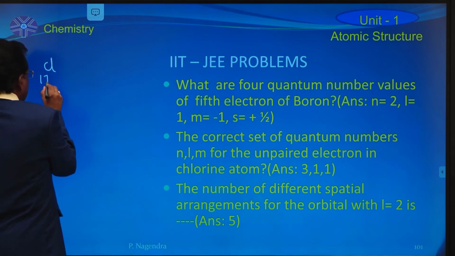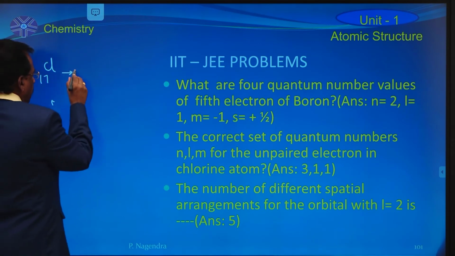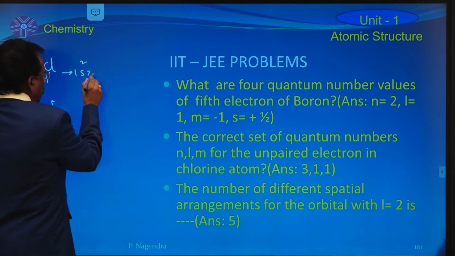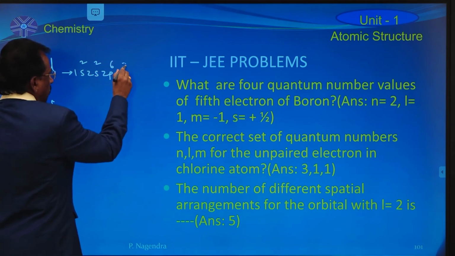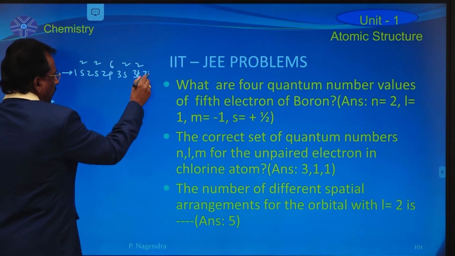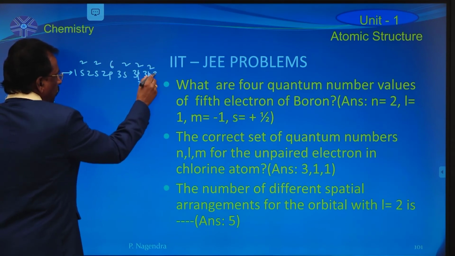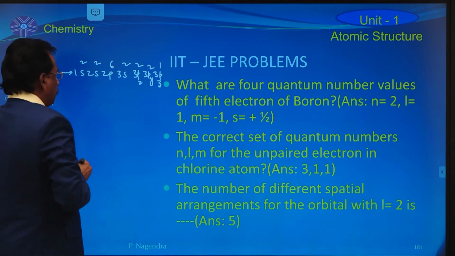Chlorine atomic number is 17. Its configuration is 1s2, 2s2, 2p6 and 3s2, 3px2 and 3py2 and 3pz1 according to Hund's rule of maximum multiplicity.